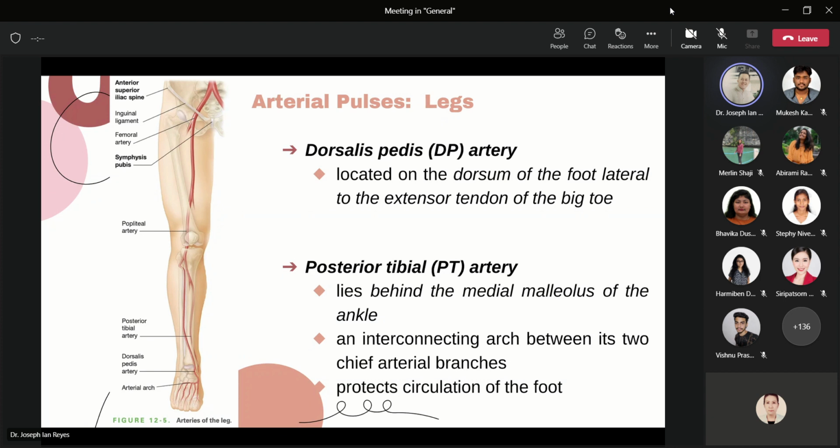When the anterior tibial artery crosses the malleolus, then we call it the dorsalis pedis. It's not discussed in full detail here, just the major arteries. But you should still remember the major ones because those are the more superficial ones that we can palpate during assessment.